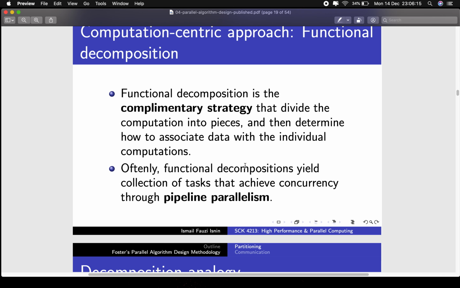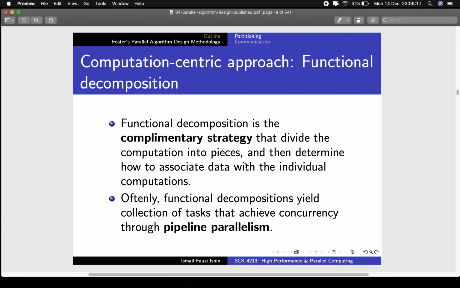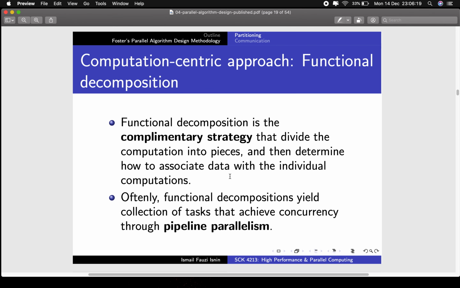So under this computation centric approach, you will also notice that it is similar to functional decomposition. Functional decomposition is the complementary strategy that divides the computation into pieces and then determines how to associate data with the individual computation.